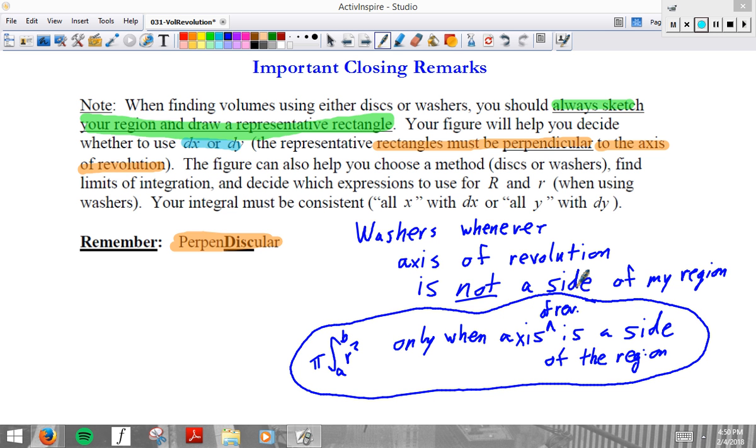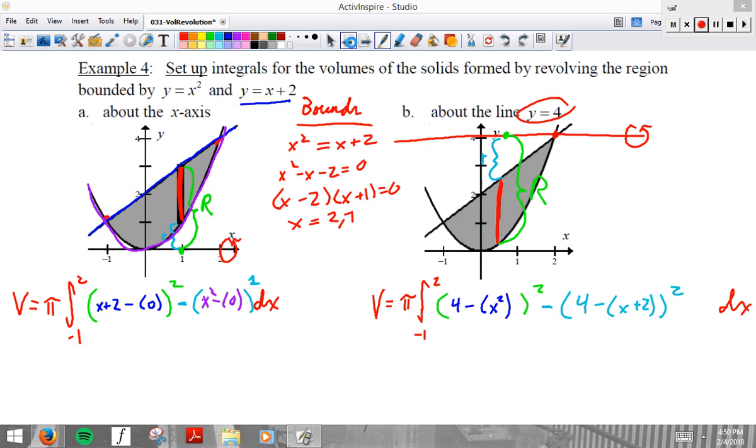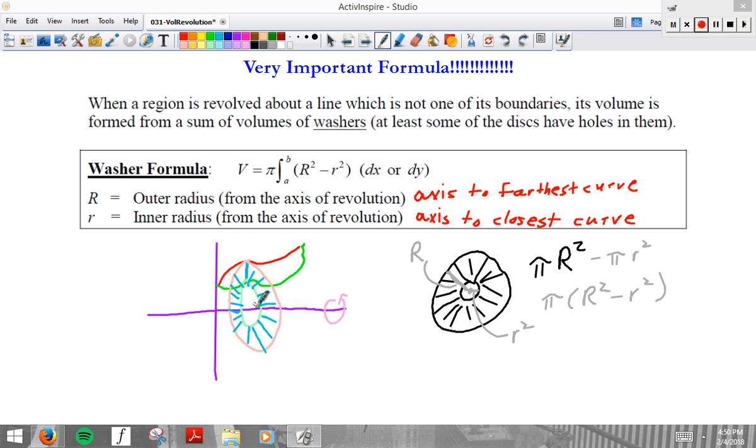Okay. Washers will always work. A washer, going back to this picture, is just a disk without a hole. If we made that 0, we'd have pi r squared and be done.